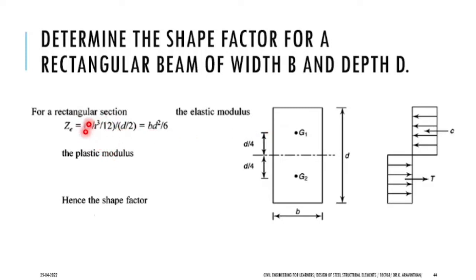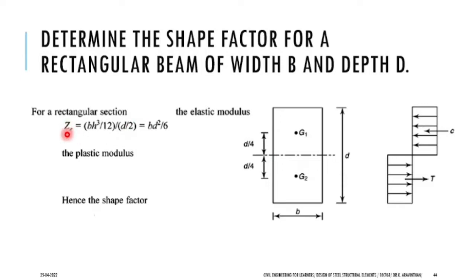So this is what is written here. I equals b d cube, where instead of d we have considered h, the same thing, b d cube divided by 12, divided by y. So what is y? That is the neutral axis. What is the depth of the neutral axis? D by 2 is the depth. So you can substitute d by 2.